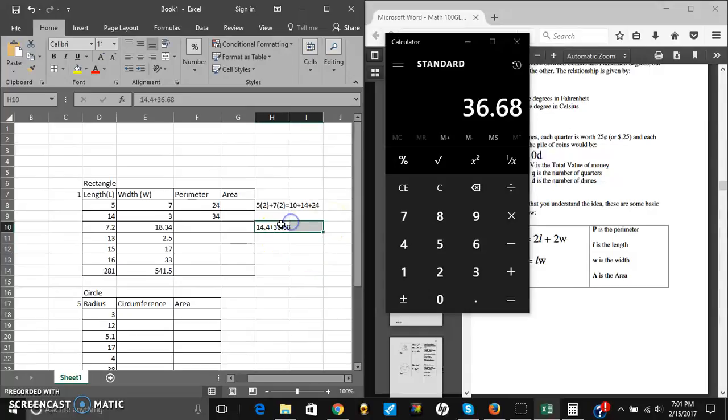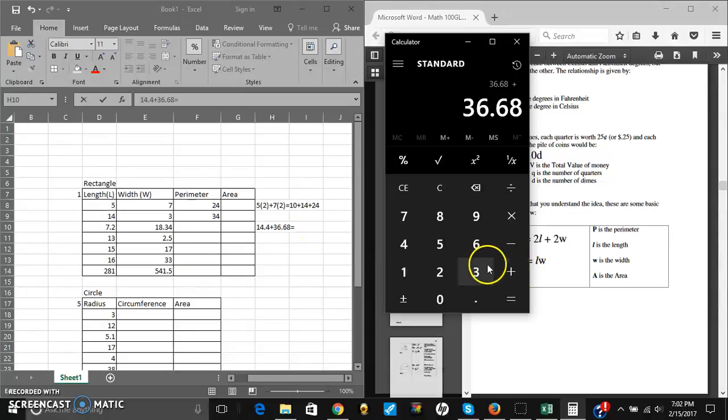We add 14.4 to that. Our perimeter for this one is 51.08.